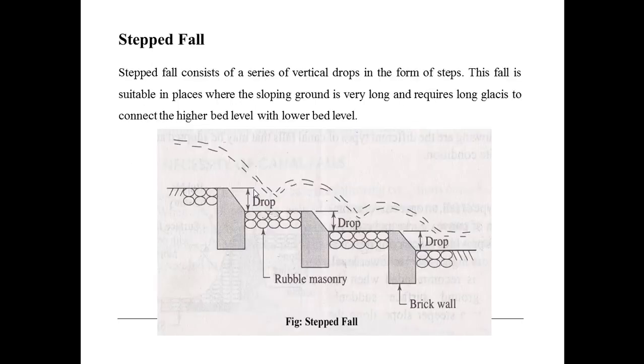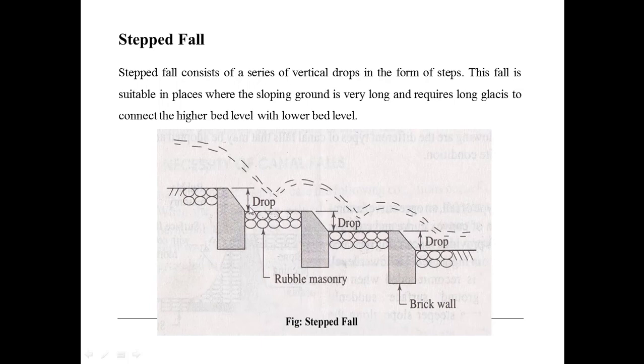This fall is practically a modification of the rapid fall. The sloping glacis is divided into a number of drops so that the flowing water may not cause any damage to the canal bed. Brick walls are provided at each of the drops.